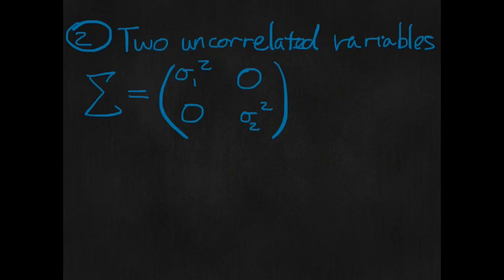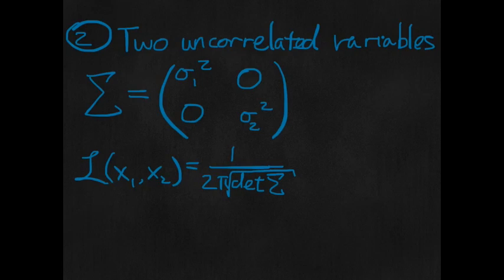And if I write out my likelihood function for this two variable case, again in two dimensions, the denominator here is just 1 over 2 pi determinant of sigma, square rooted, times e to the minus 1/2 x transpose inverse covariance x, like we talked about before.